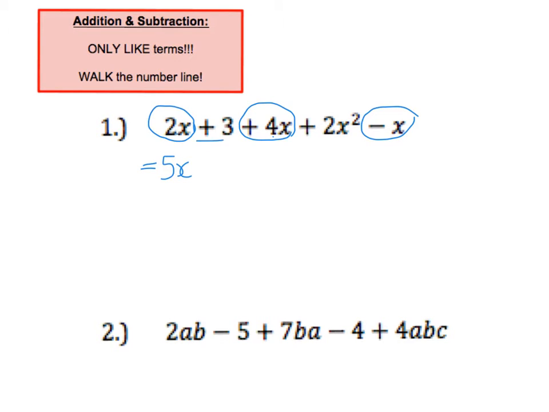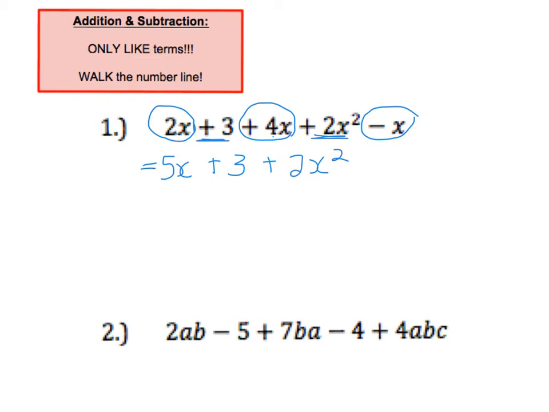The 3, there's no other constant term, so the 3 just remains the same. 2x squared is not like the terms of the x because the index is different, so that also remains on its own. And that's your final answer. Nothing can be simplified any further.